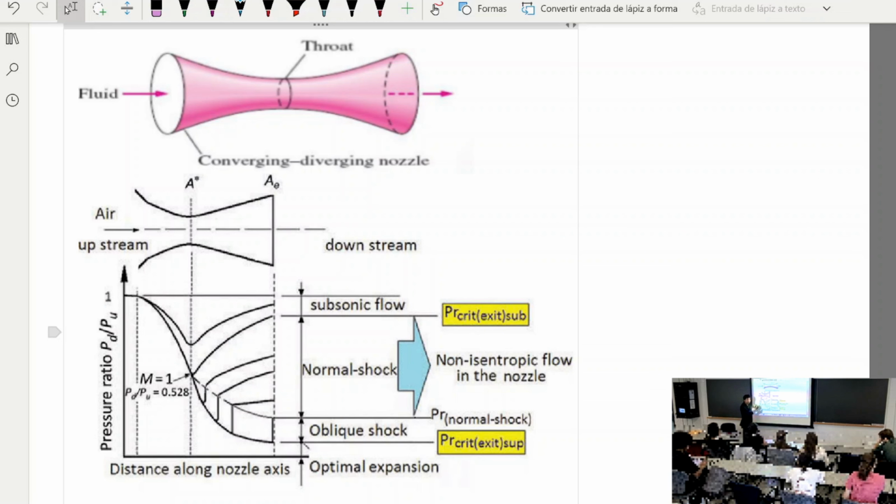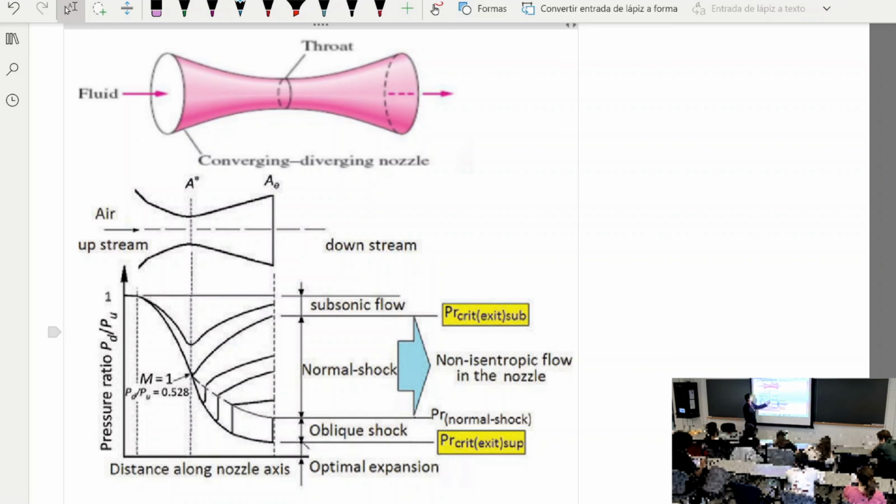There are actually two different scenarios in convergent-divergent nozzles. One scenario is when, at the throat, the Mach number has not reached 1 yet. In this scenario, the whole flow is subsonic, and you can determine various things.